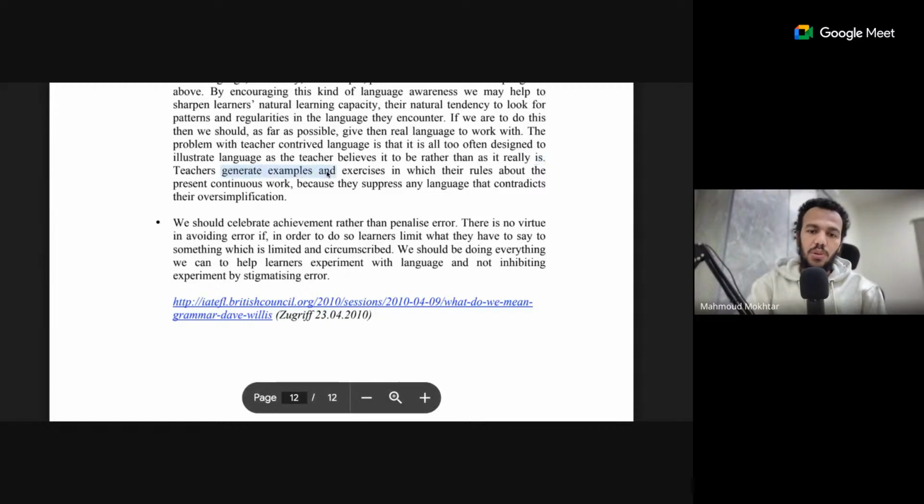Teachers generate examples and exercises in which the rules about the present continuous work because they suppress language that contradicts their oversimplification.